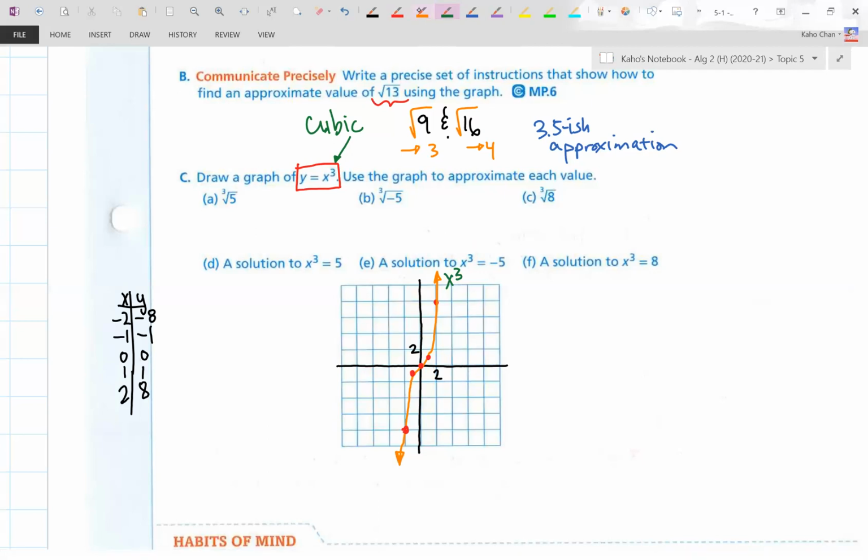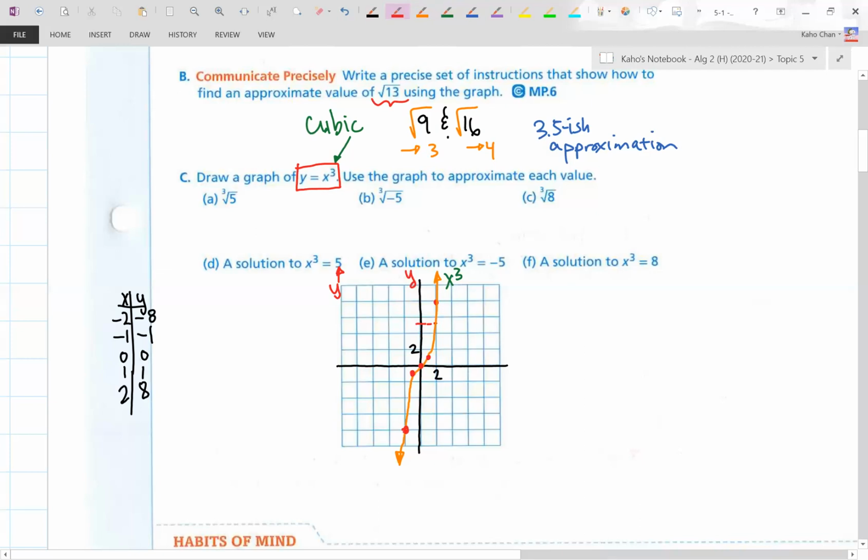Go on the y-axis and look at the value of 5. This is the y value, okay? Here's 5. And then from there, scooch on over to the graph itself to the right, and there it is.